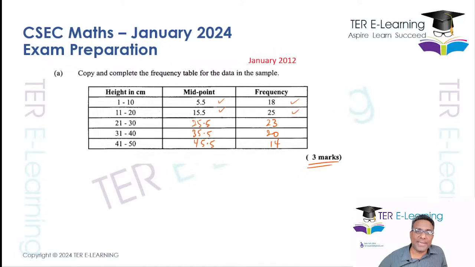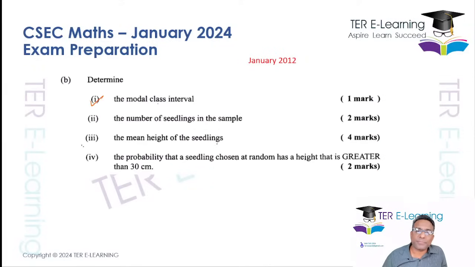Right, people are saying 11 to 20. Yeah, that sounds about right to me. Your modal class is the one that has the highest frequency. That's 25. So therefore, it's going to be 11 to 20. Yep, I agree with that. So this here is going to be 11 to 20. All right, so that's 1 mark for that.